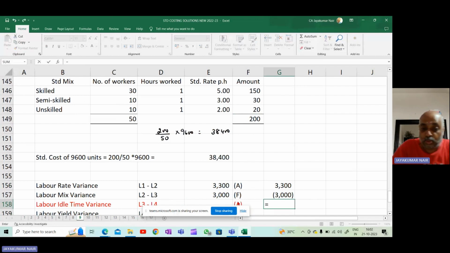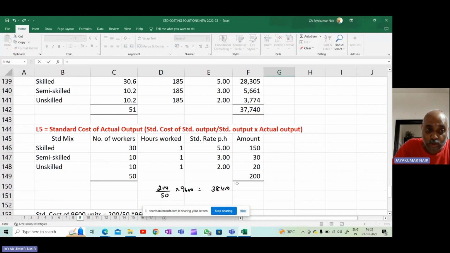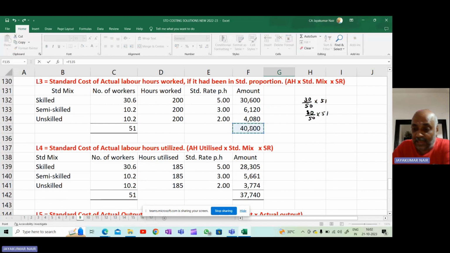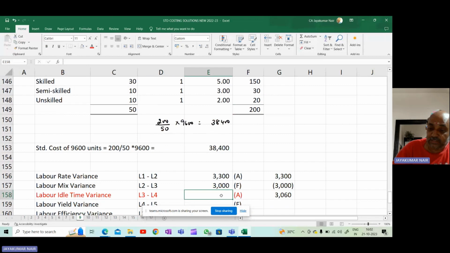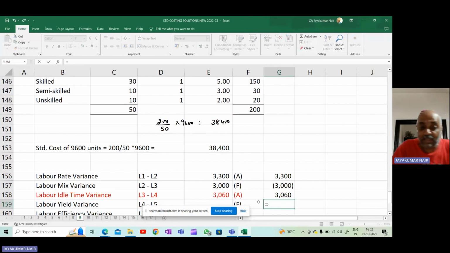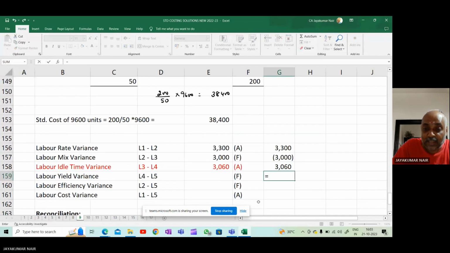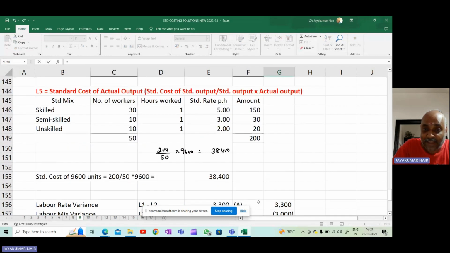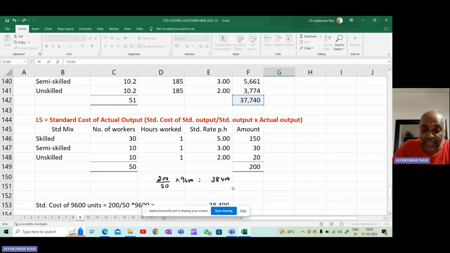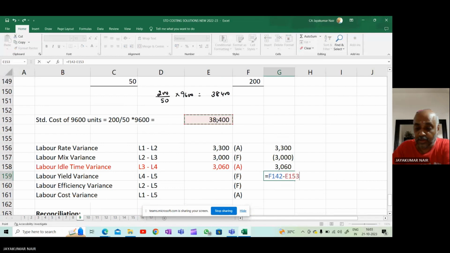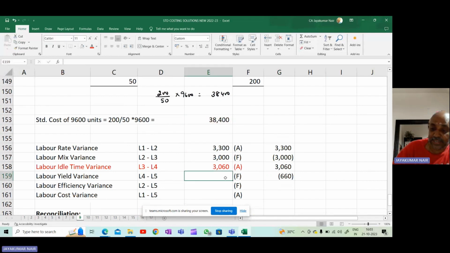Then I will compute L3 minus L4. I get 3,060 positive, therefore adverse, it is 3,060. Next one, yield variance, that is L4 minus L5. So L4 is this, minus L5 is 38,400. I get negative, therefore it is 660 favorable.